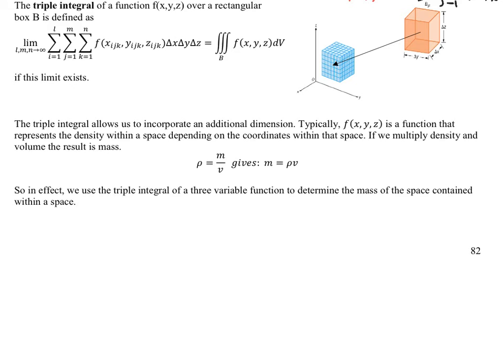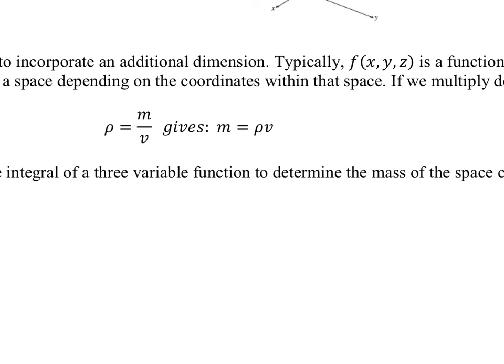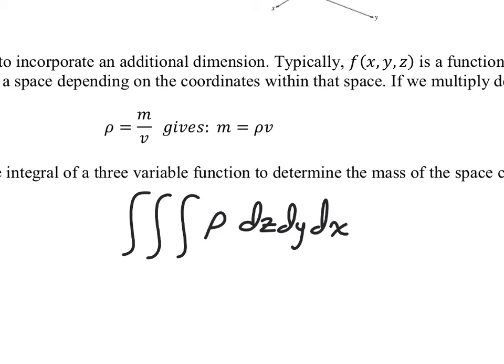So we have rho equals m over v, m being mass and v being volume, so m is equal to rho times the volume. If we get a product of rho and the volume, then what we end up doing is creating a triple integral of some new function, that density function multiplied by volume.